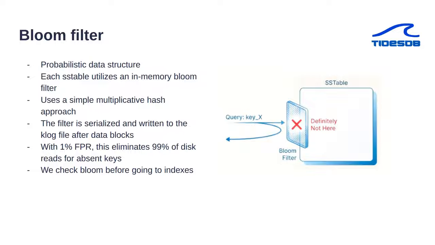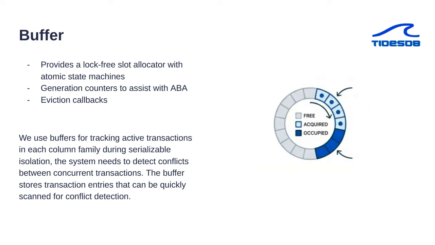Each SS table has a Bloom filter. They're kept in memory and brought into memory on recovery as well. They're rather compact, and it's one of the first checks we do before we go into an SS table. So it's usually the min-max key, the Bloom filter, and then the indexes, and then further down the line.